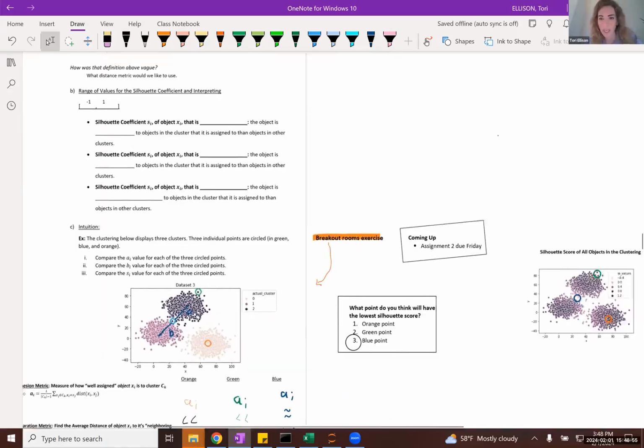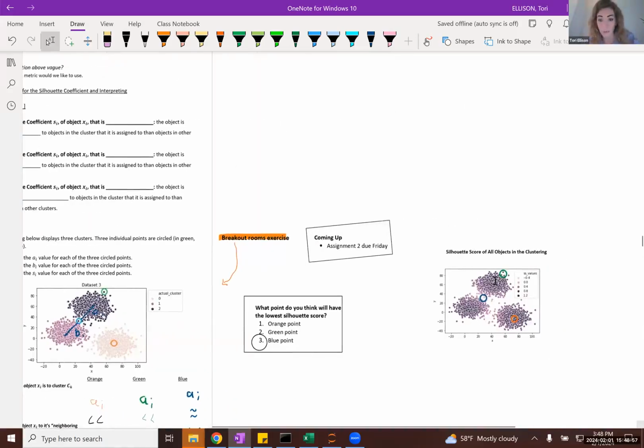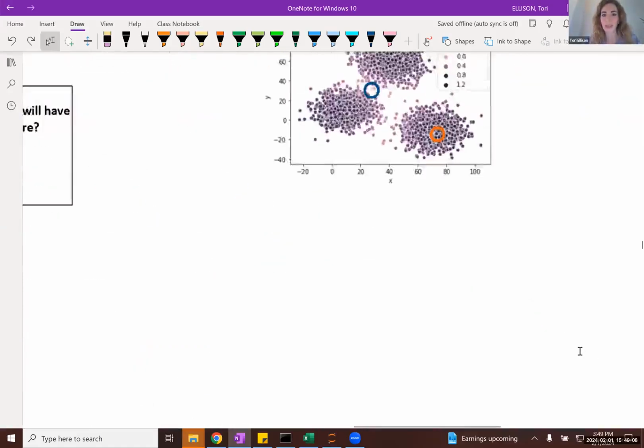So actually, if we were to calculate the silhouette score for all of the points in the data set, this is what we would actually end up getting. I'll just zoom in really quickly here.